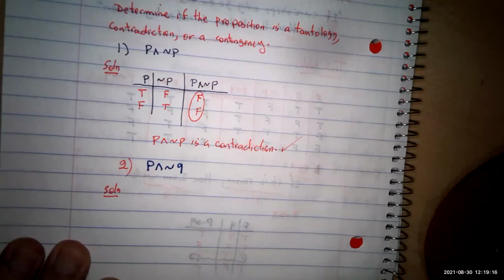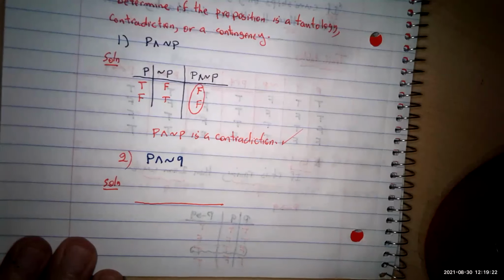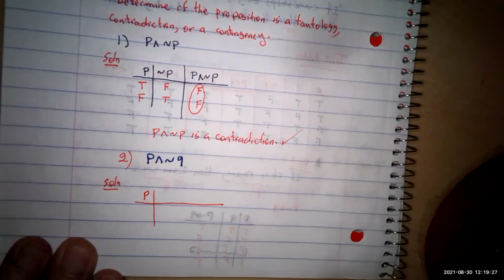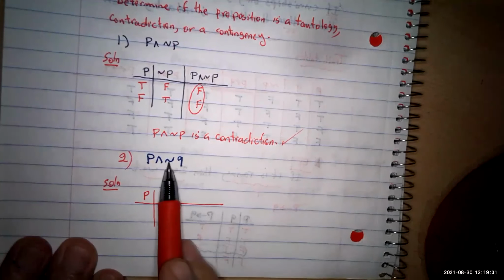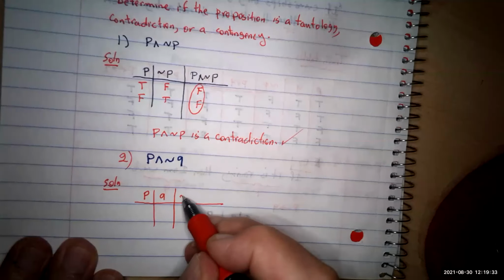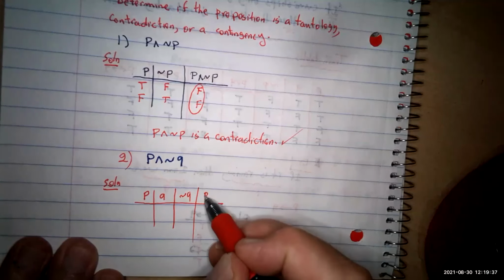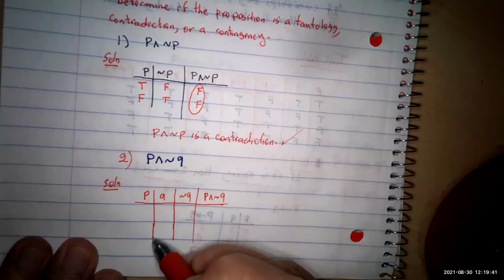Solution. Get your table. You need the P and the Q, you need the not Q, then you need the result, P and not Q. Now consider different possibilities.